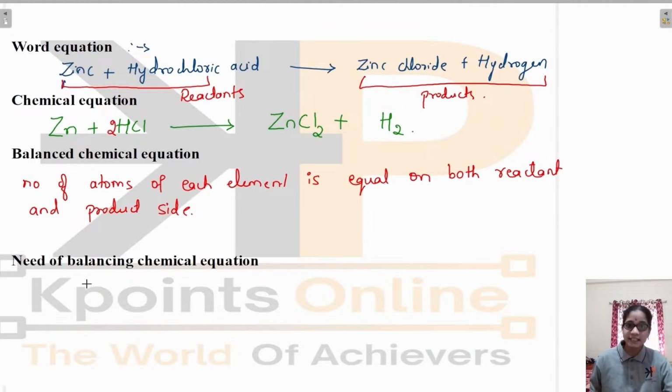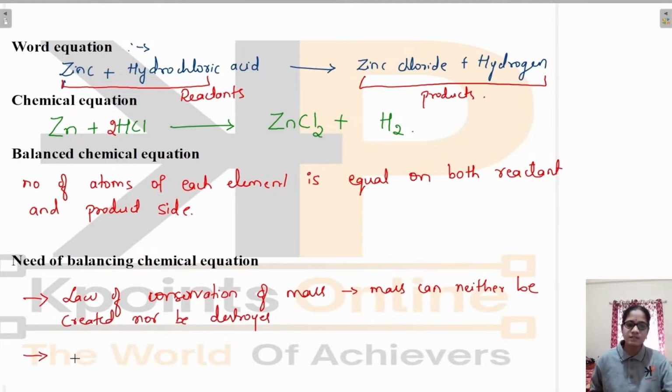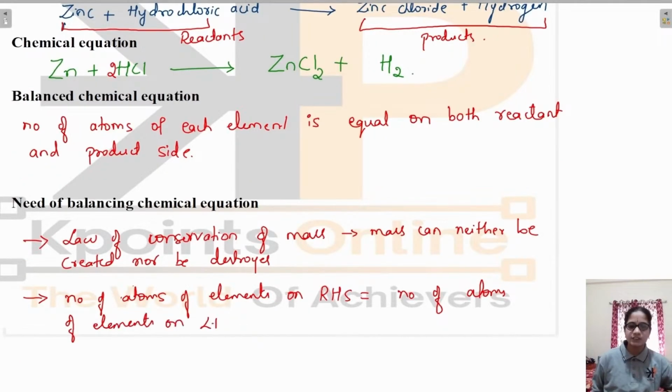What is the need for a balanced chemical equation? It is due to the law of conservation of mass, which says that mass can neither be created nor be destroyed. So the number of atoms of elements on the RHS must be equal to the number of atoms of elements on the LHS.